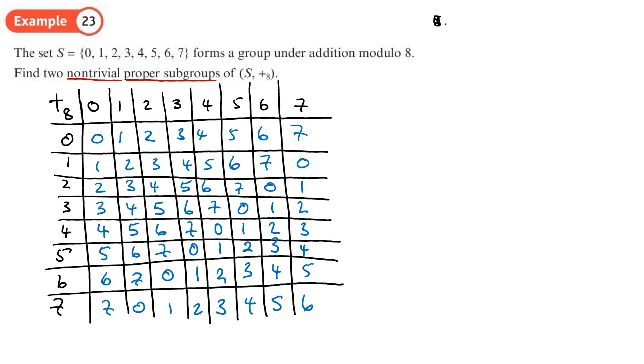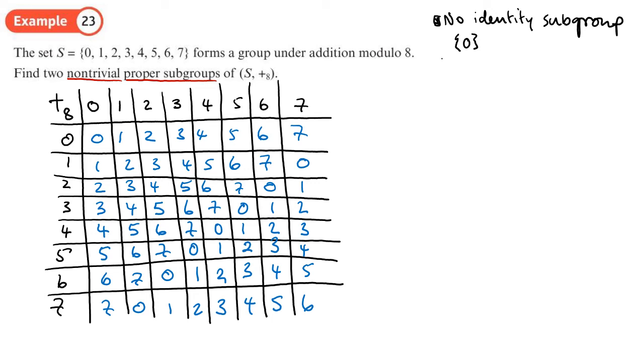So no identity subgroup. And in this case, with addition, the identity is going to be 0, so we can't have a set just with 0 in. Okay, it is a subgroup, but that's a trivial subgroup, so we're not allowed that.